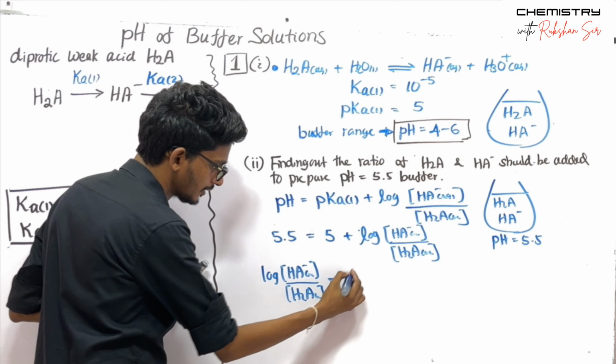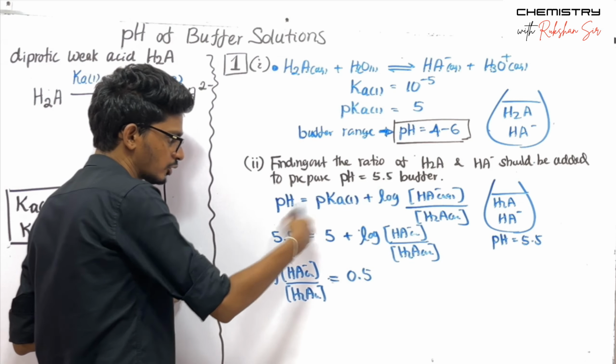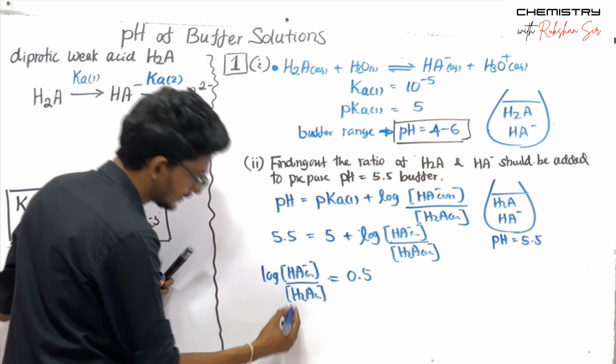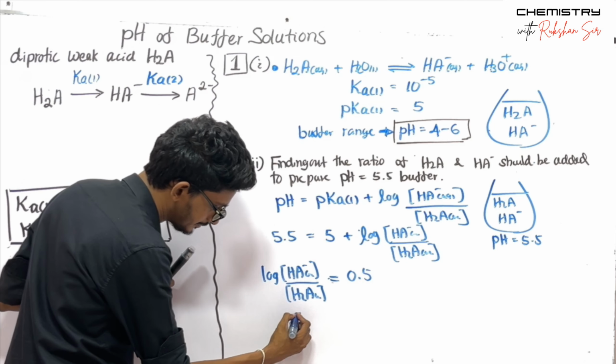is equal to 0.5. So this comes to here, right? So this will be the subject there. So you can take the anti-log to get the ratio of [HA minus] to [H2A].